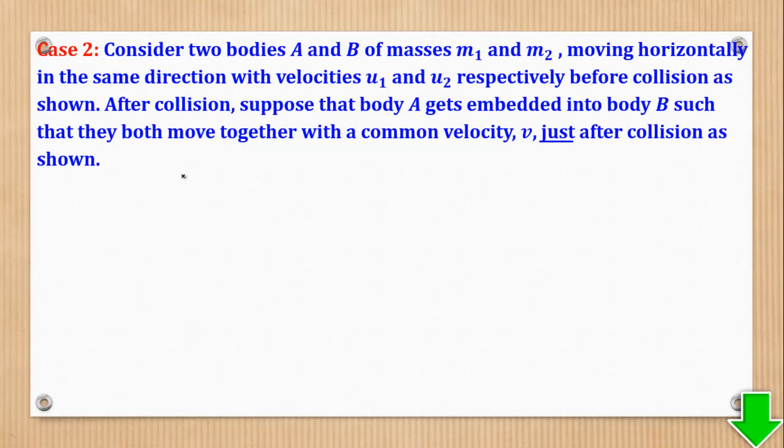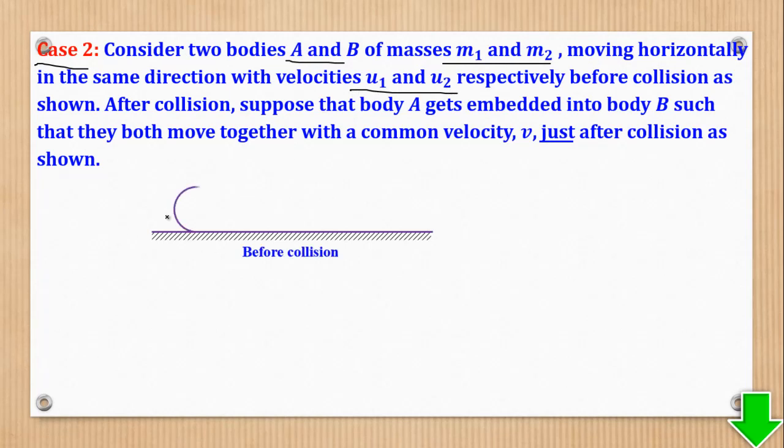Then the second type of collision is inelastic, where two bodies A and B of masses m1 and m2 are initially moving with velocities u1 and u2 before collision. Let's first illustrate that. So we have particle A moving with velocity u1 and particle B moving with velocity u2.